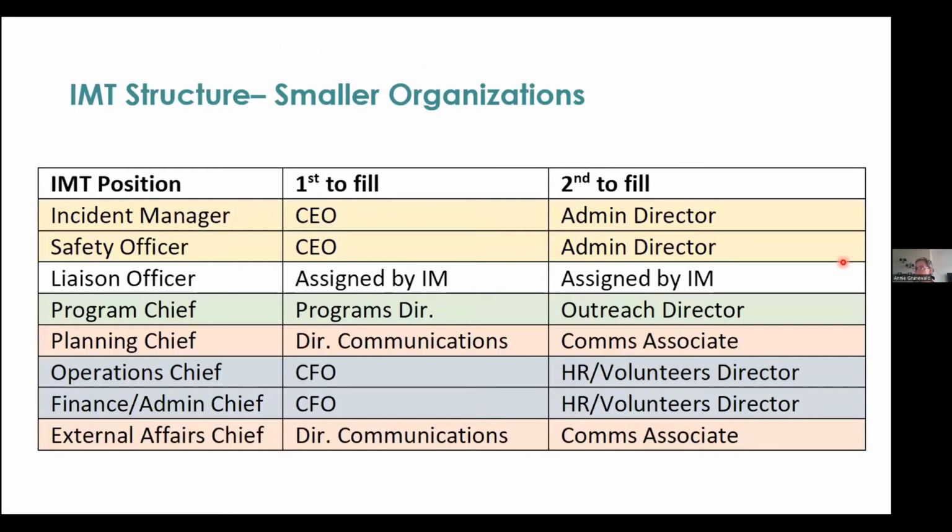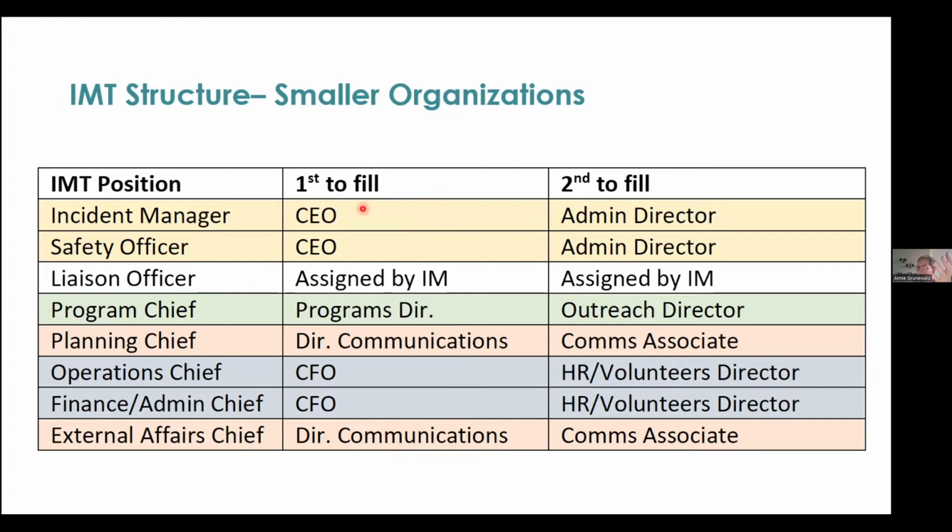But how you can address that is by assigning a person. Maybe your CEO is assigned to 2 positions. Maybe your program director is assigned to just 1, but you've got the director of communications as planning chief and external affairs chief.